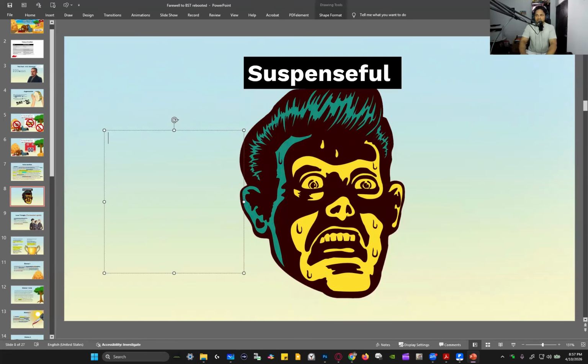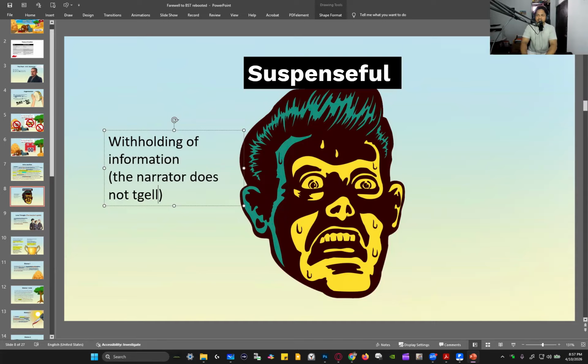There is withholding of information. That means the reader is not told everything. The narrator does not tell us everything. This is why the narrative is suspenseful.